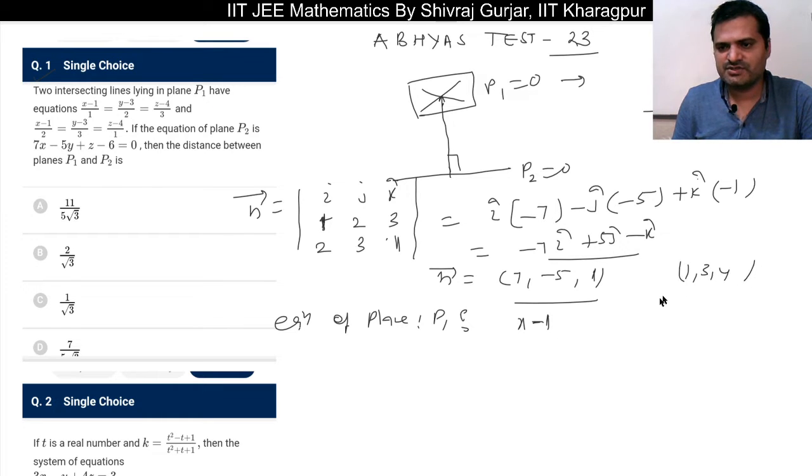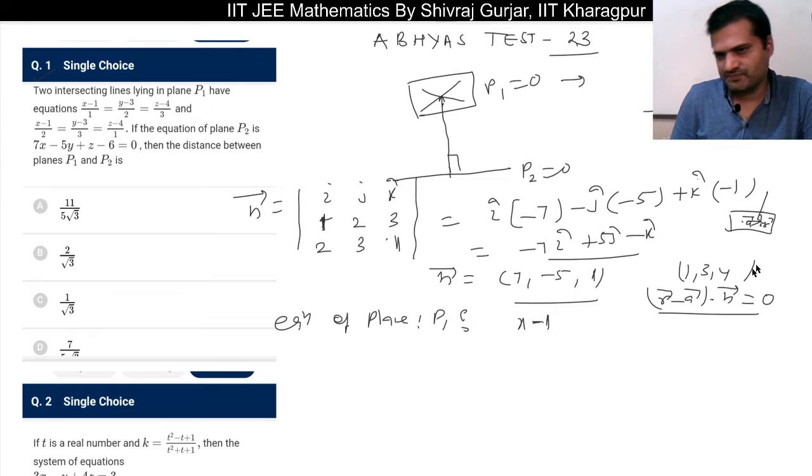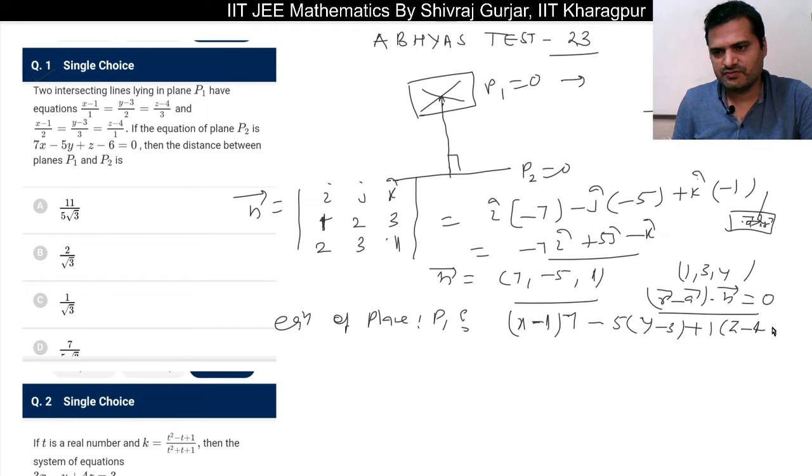The equation of a plane which passes through a point with position vector a, and whose normal vector is n vector, is given by this. This is simple. If it passes through a vector, we take a general point r vector, then this will be r minus a vector, and the normal will be perpendicular, so the dot product of the two vectors is 0. So we'll have (x minus 1) times 7, minus 5 times (y minus 3), plus 1 times (z minus 4) equals 0.